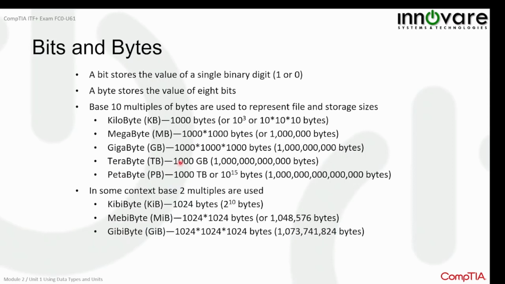Now, in some contexts, rarely, even I never encountered this, but for your information, when we say base 2 multiples, a kibibyte is 1024 bytes. Actually, I even use this 1024 bytes, but for your information and terminology, it's the kibibyte. And then the mebibyte.